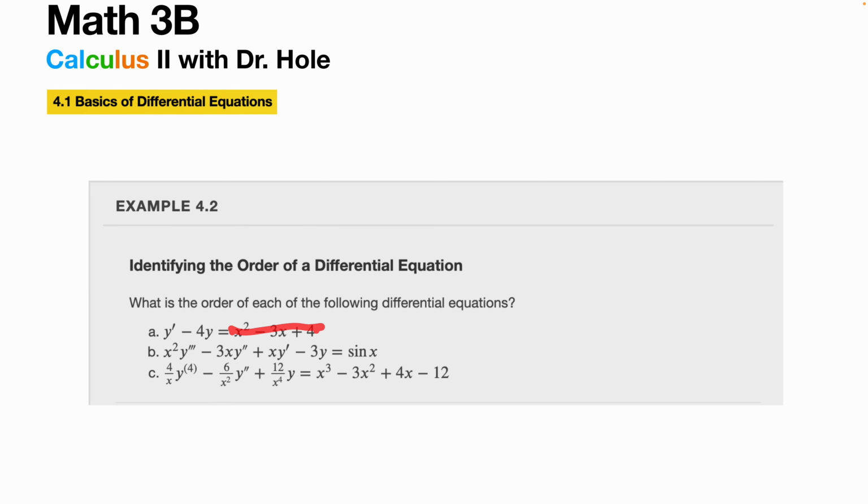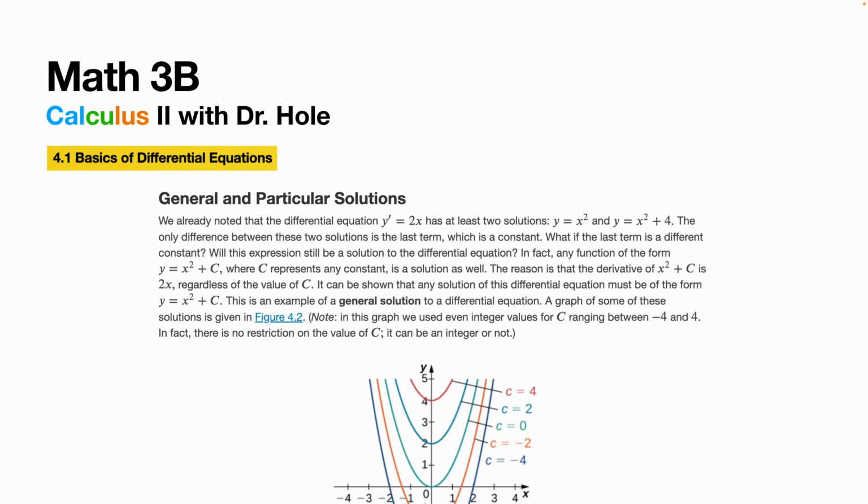So no derivatives over here, no derivative there. Oh, just one derivative. The differential equation given in A is of order 1. For B, here's 3 derivatives, 2 derivatives, 1 derivative. The order is 3. 4 derivatives, 2 derivatives, 0 derivatives, 0 derivatives. The order is 4. Very straightforward.